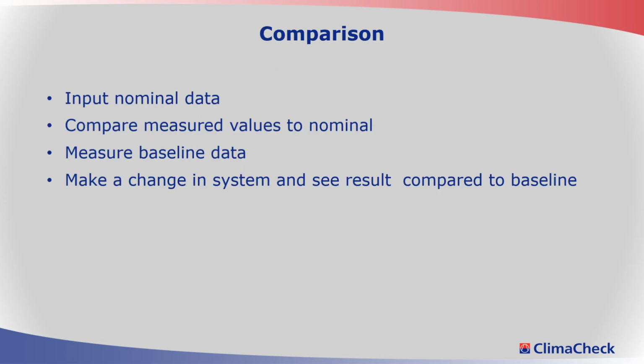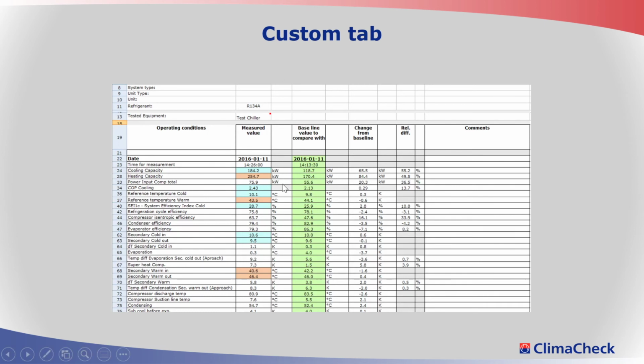Next we have the custom sheet, and in this case we can have a comparison between the measured values and the nominal values. This will give us a nice sheet where we have the measured values and some baseline or nominal values that we can compare to.